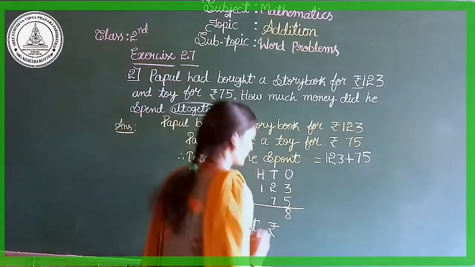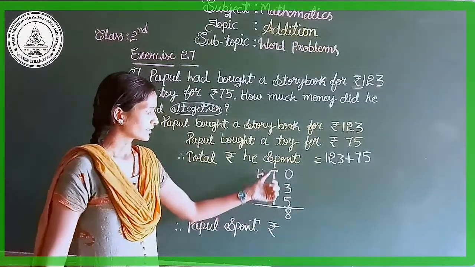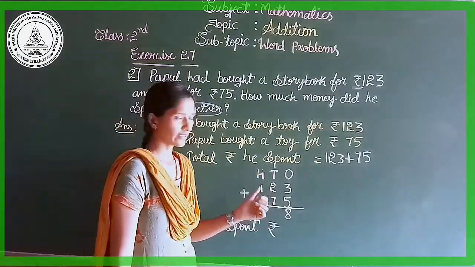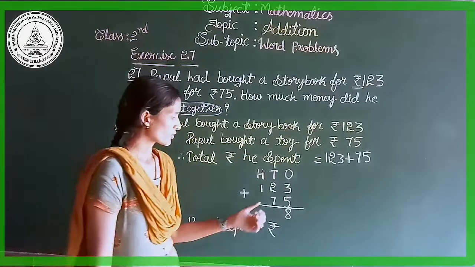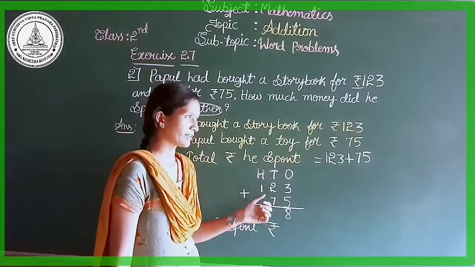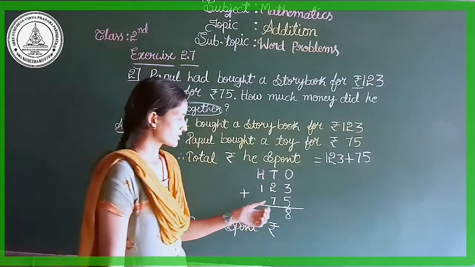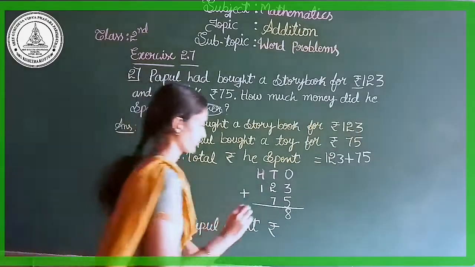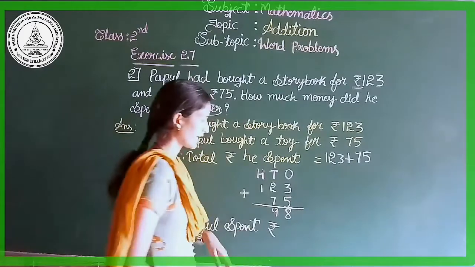So write down here 8 and come to the tens column. 2 and 7 are the given numbers. So 7 plus 2 or 2 plus 7, both are correct. 7 plus 2 is 8, and 9. So write down here 9.